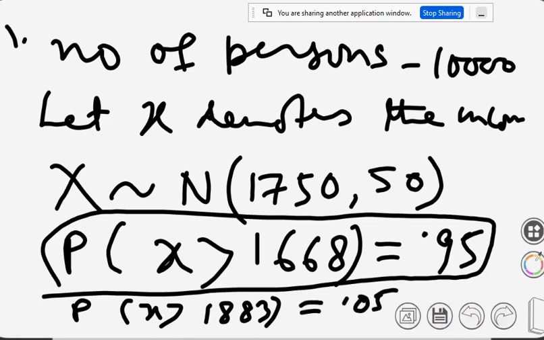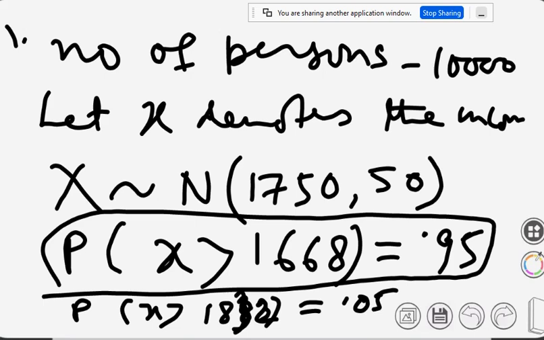This is what you have to prove, you have to check. Is the question clear? Yes sir, 1832, not 1883. Right, I had written 1883, it is 1832.